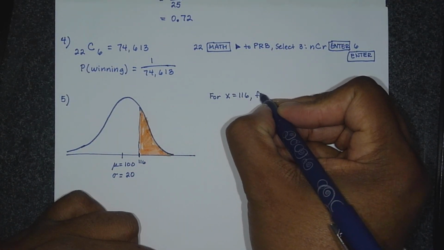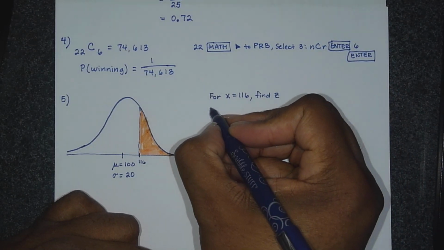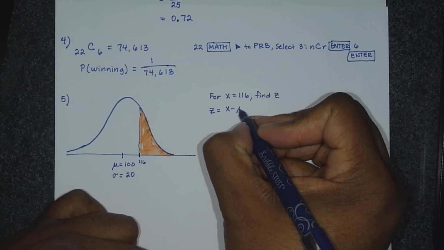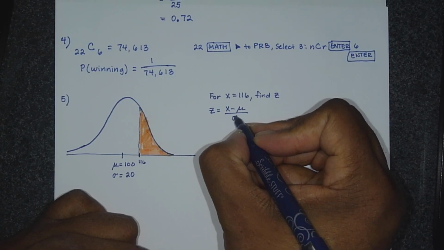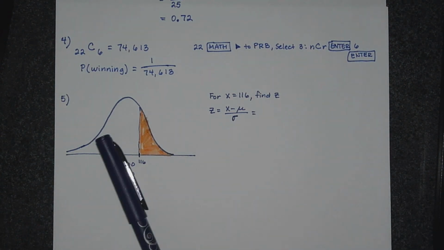That means we need to find out what the z score would be. And the way we find that out is this. We do z is equal to x minus mu, and that whole thing's divided by sigma. X minus mu divided by sigma.